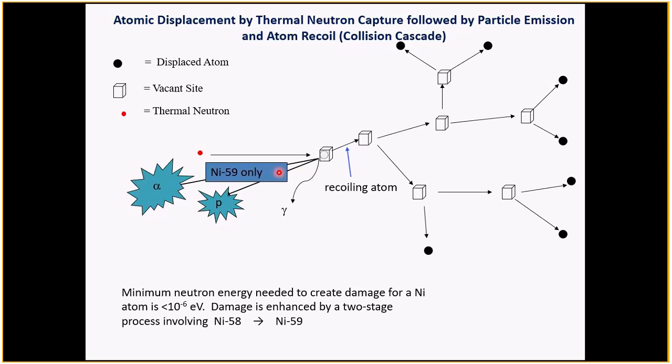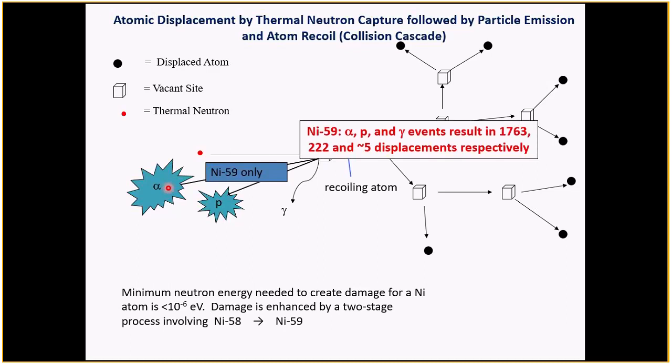But also, with respect to thermal neutrons, you get these possibilities which are not possible for any other isotopes. Only nickel 59 has the possibility of absorbing a thermal neutron and emitting a proton, or absorbing a thermal neutron and emitting an alpha particle.